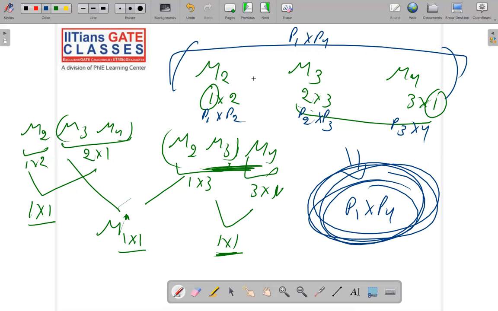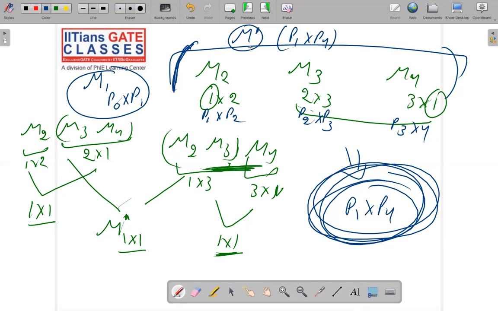At last, I multiply with M1, whose dimension is P0, P1. Suppose I multiplied M2, M3, and M4 the best way possible. It gave me a matrix M dash with dimension P1, P4. And I will multiply M1 and M dash as the last operation of multiplication.